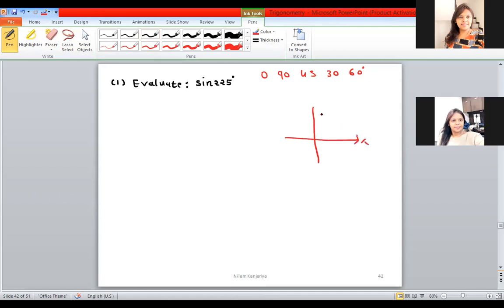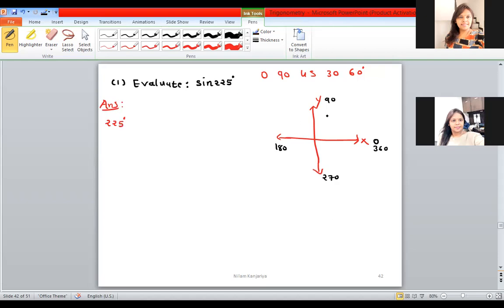This is your x and this is your y. Give the names of the degrees: 0, 90, 180, 270 and 360. First of all, you decide that your angle is 225. Where is it?